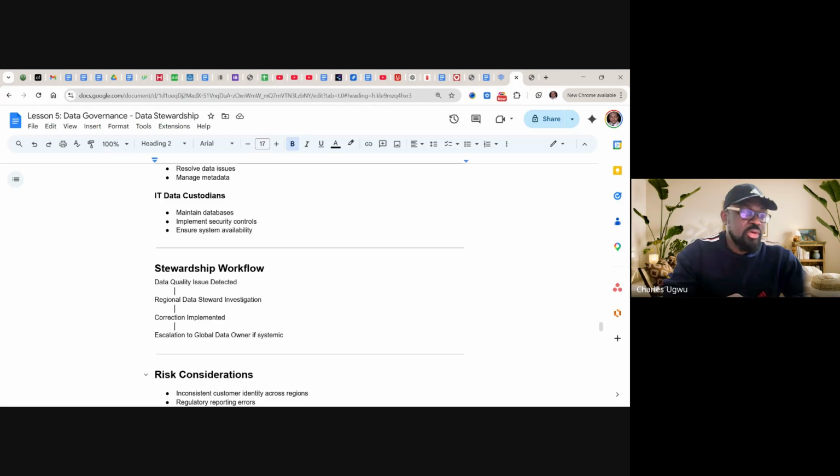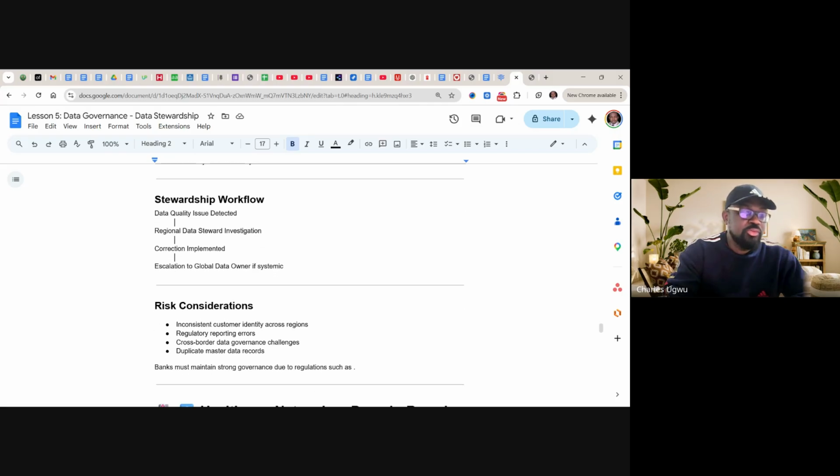The steward will carry out the necessary correction, and if the steward couldn't carry out the correction, it will be escalated to the global data owner. If the global data owner cannot, then it has to be escalated to the governing council. That's how it should be.